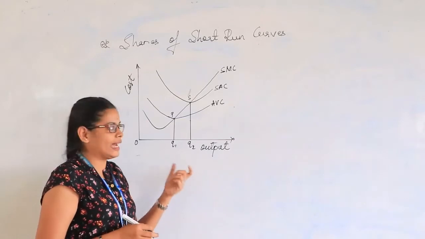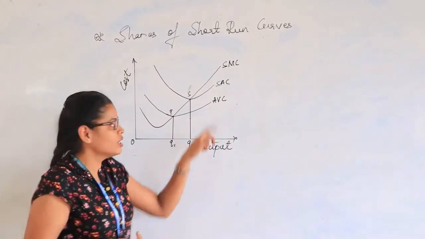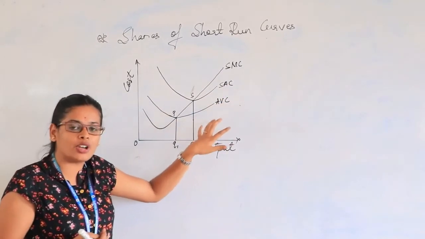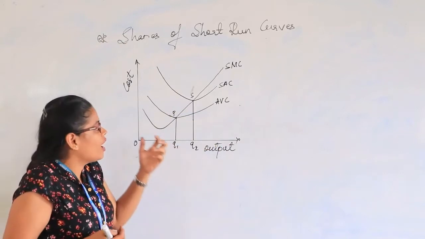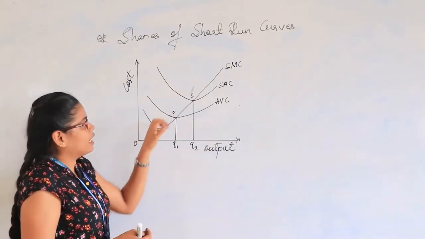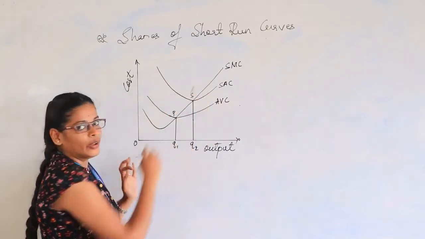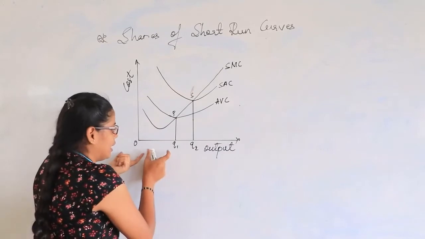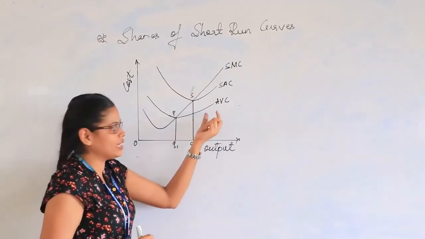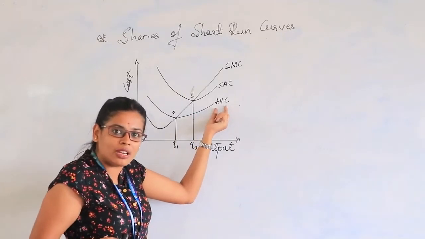So this is how we analyze the graphs which have been given. Now we'll understand how these short run marginal cost, short run average cost and average variable cost curves tell us, or how we are going to assess this graph. You can see these curves. As you go on increasing the quantity, we have seen the AVC. What is average variable cost?